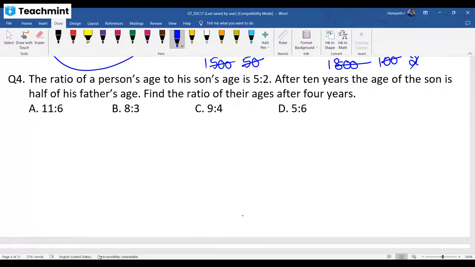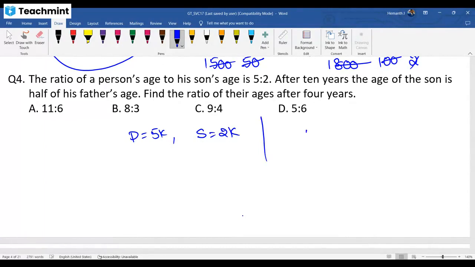So the present age of the person is 5K and the son is 2K. They ask easy and moderate level questions at most in any recruitment, so this is also an easy to moderate level question. Person's age is 5K, son's age is 2K.